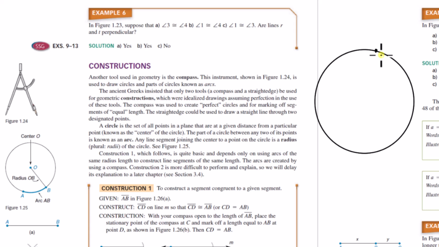Okay, and then similar to what we talked about with triangles. For an angle, this is the case. A triangle, this is the case. A polygon, this is the case. And a circle, this is the case. A circle is the set of all points in a plane.